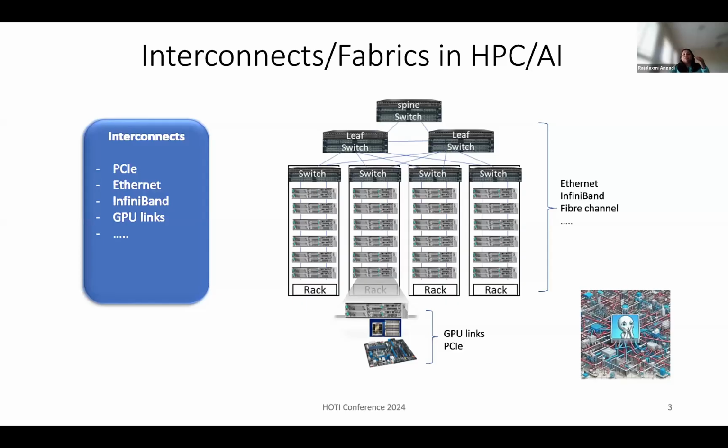We can see that for inter-node connectivity, we can use fabrics like Ethernet, InfiniBand, Fiber Channel. And for intra-node connectivity, we can now use PCIe and GPU links like Intel's Xe-Link or NVIDIA's NVLink.